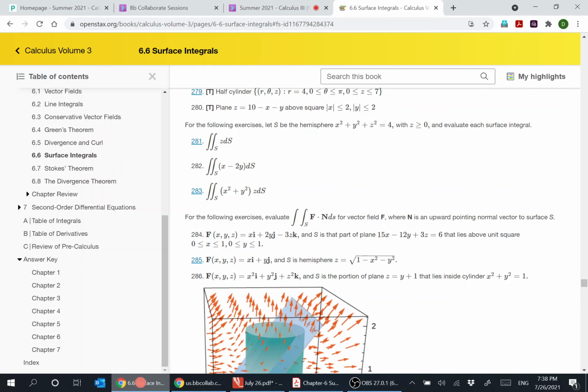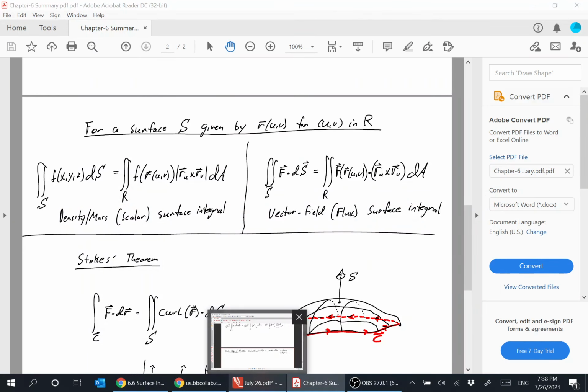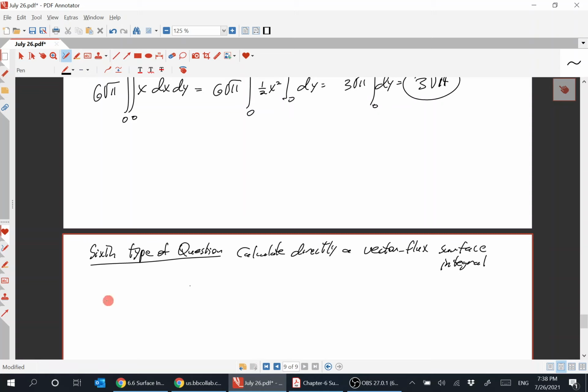So F is equal to x is x, y is y, z is 0.